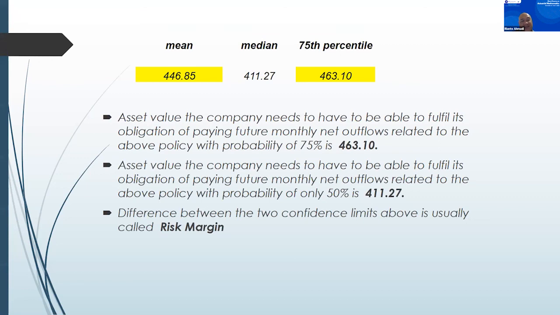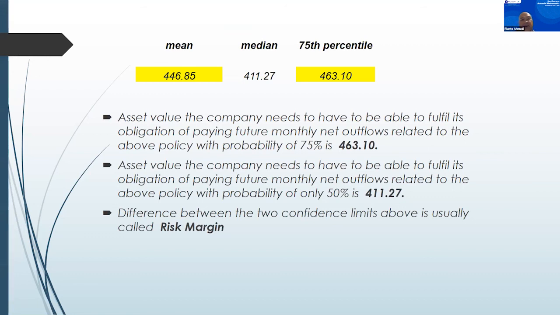So if the equity of the company is greater than this RBC, it means what? It means the company has assets greater than a level which has probability high enough, close to 100%, of being able to fulfill future obligations. So requiring the company to have a reserve equal to the 75th percentile is not enough.